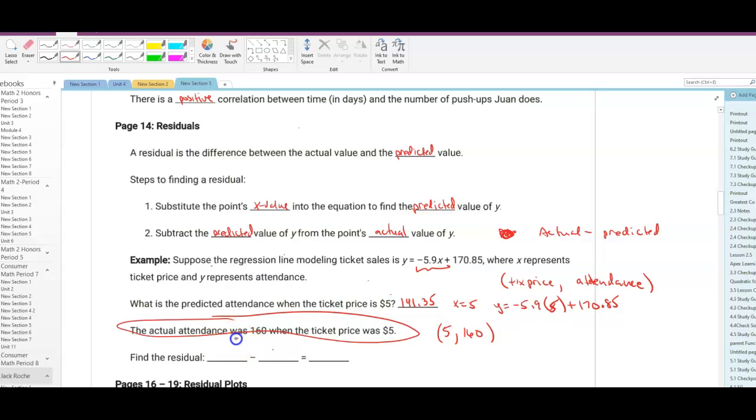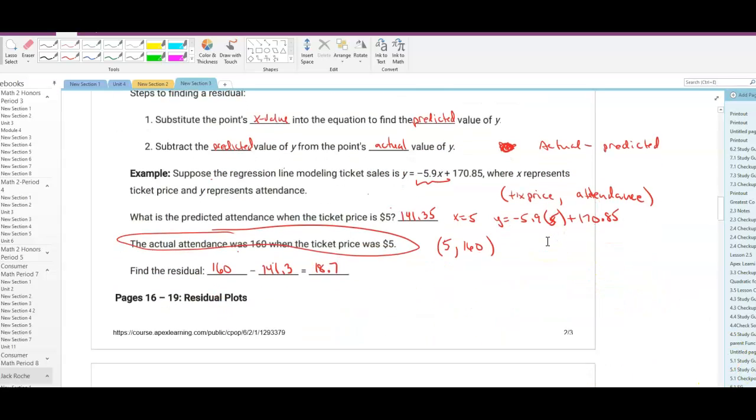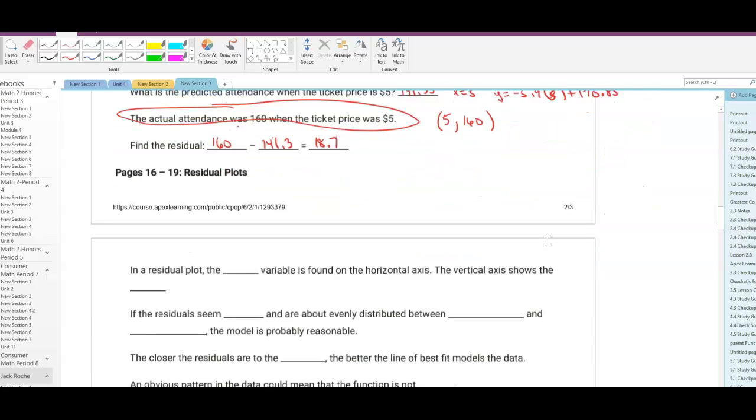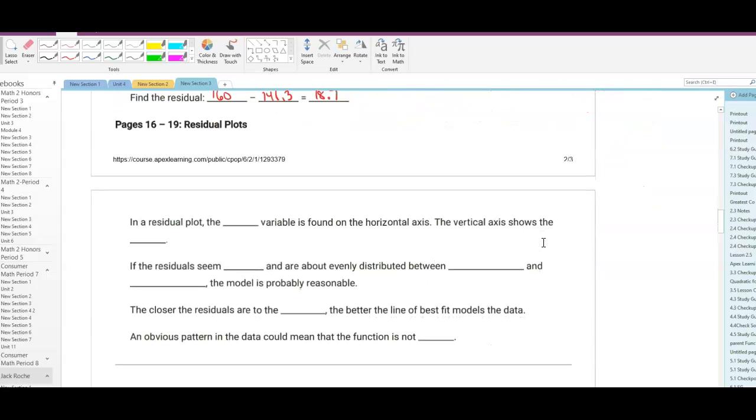So we're going to take 160, subtract 141.3, and you would get the residual is 18.7. Okay, so that's how you find the residual.